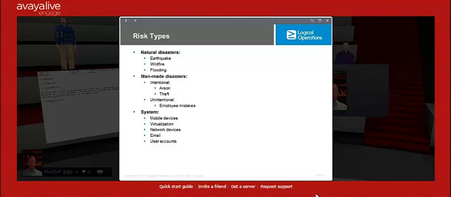Virtualization, again, that's a potential risk if we're using virtualization technologies more and more, and we need to understand that those virtualization elements need to be protected independently of everything else. Access to our routers, our switches, our network infrastructure, if those things are improperly secured or improperly configured. Email systems, email vulnerabilities. What are we letting through? What are we not letting through? What's the impact of spam on our systems?